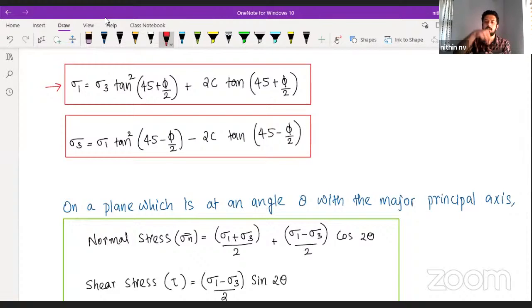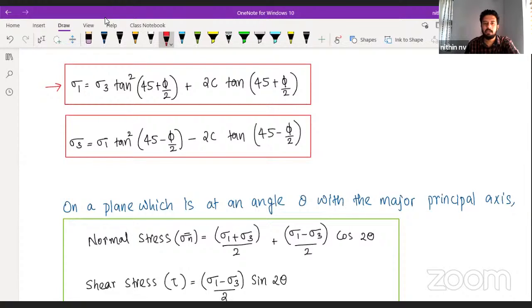Sigma 1 is the compressive stress on the major principal plane. We call it the major principal stress. Sigma 3 is the compressive stress on the minor principal plane. We call it the minor principal stress. The relationship between sigma 1 and sigma 3 is important, you have to remember it. 45 plus phi by 2.